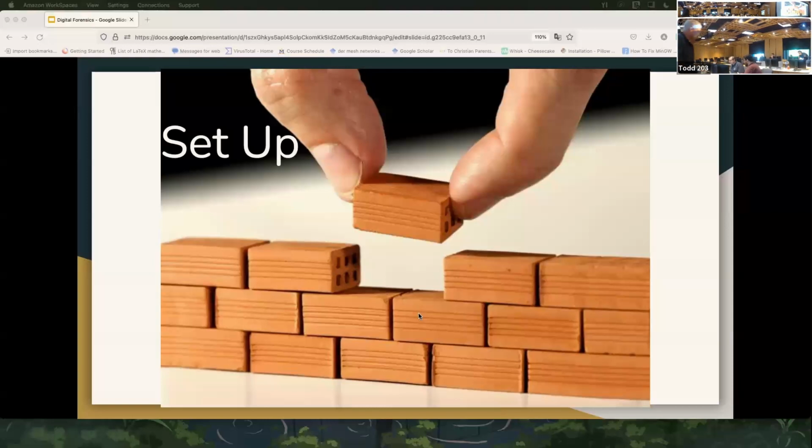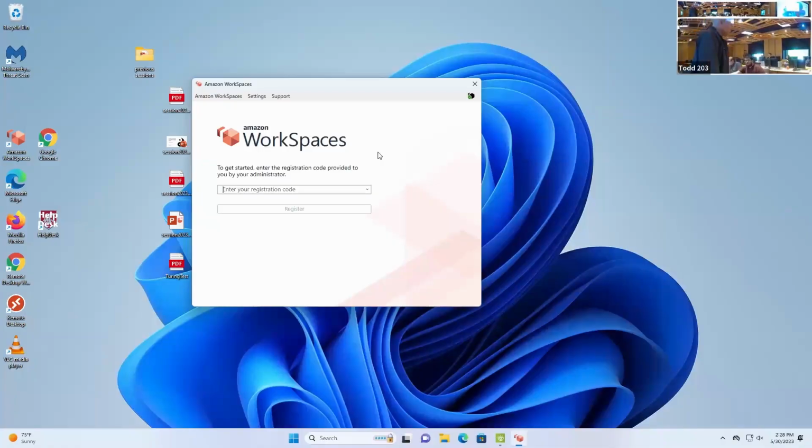Mine's working. I had to put in the new registration code. Yeah. So then we have to download it. Okay. Actually, I got in there.